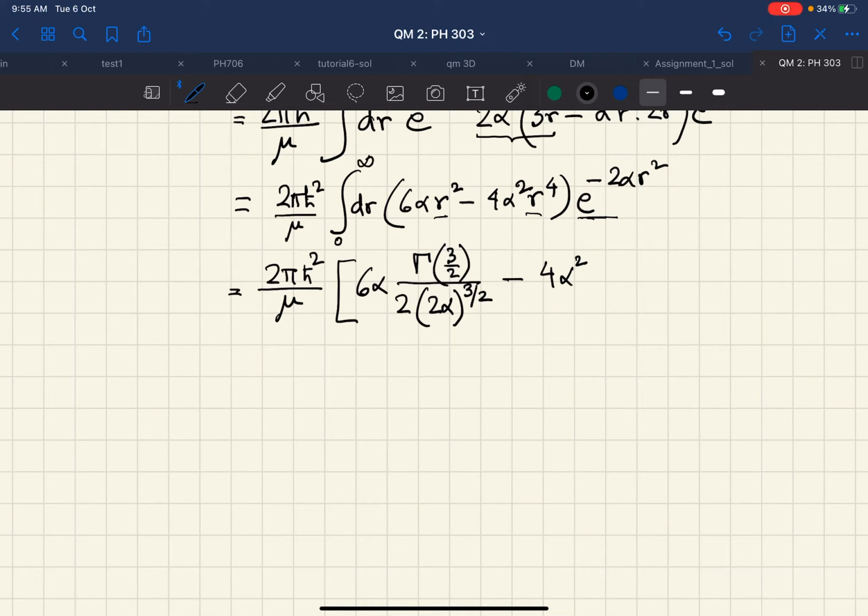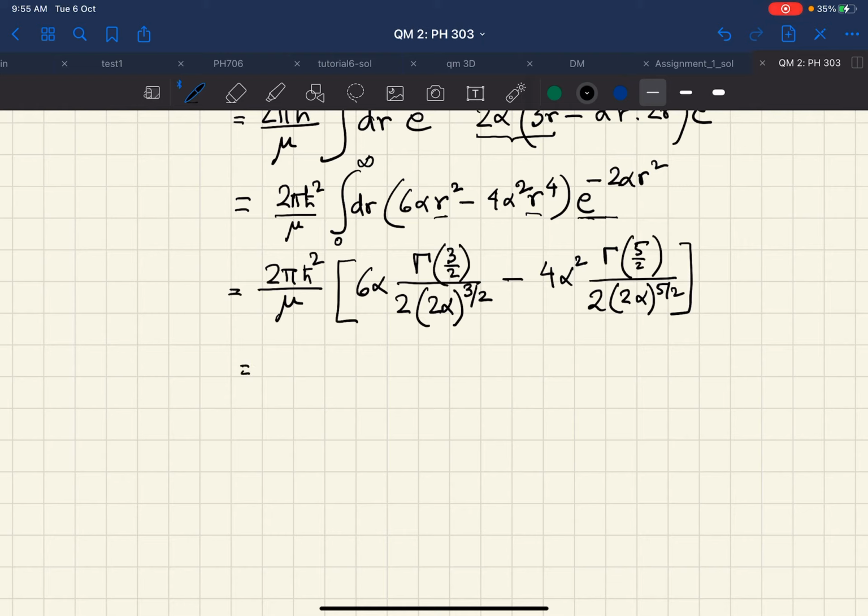The integration limit is from 0 to infinity. So this is going to give us gamma 5 by 2 divided by 2 into 2 alpha to the power 5 by 2. So now you have to do some simplification.